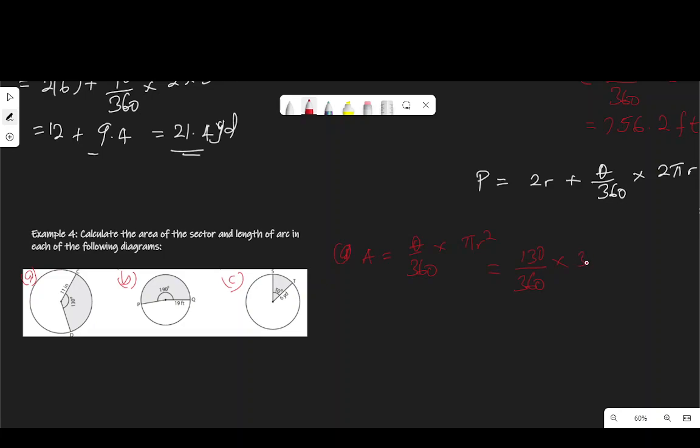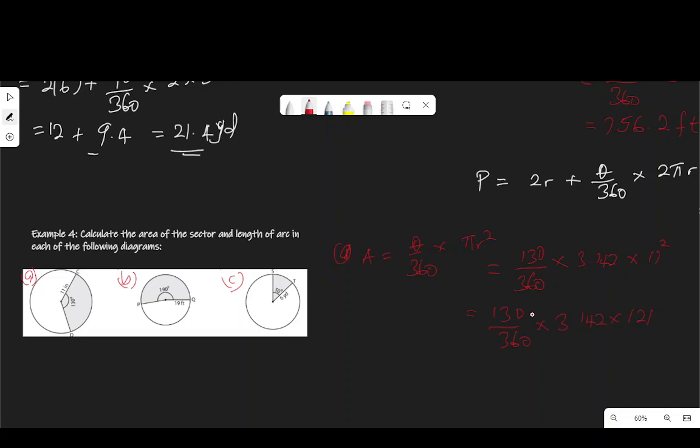I have 3.142 multiplied by 11 squared, with 130 divided by 360 multiplied by 3.142. 11 squared is 11 times 11, which is 121.